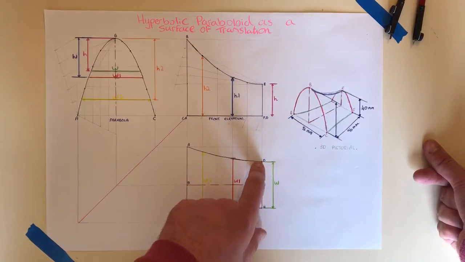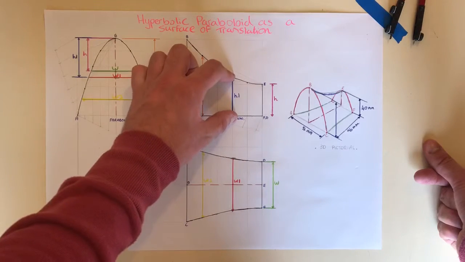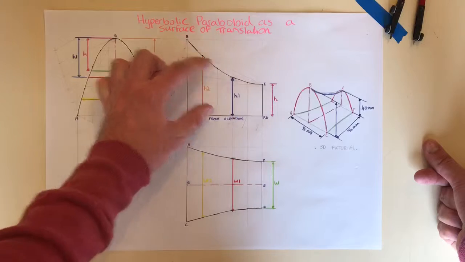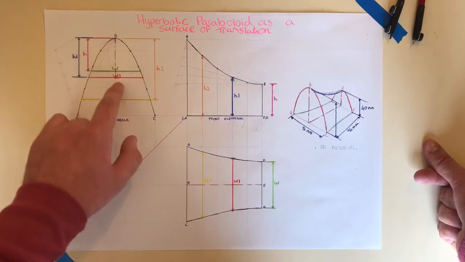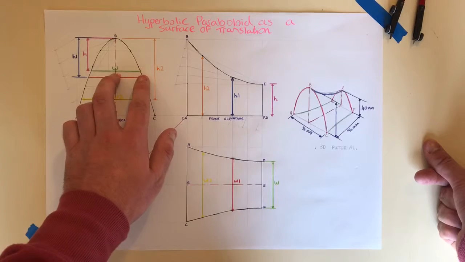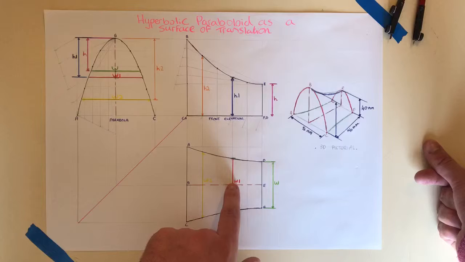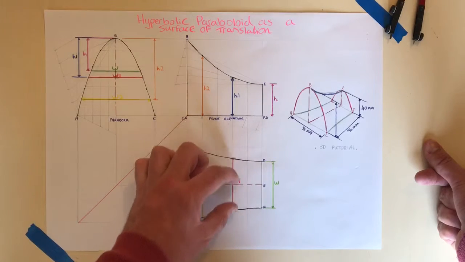The exact same thing applies to find other points. Looking at H1, that distance there, if we step that from our vertex B, bring it down here, that'll give us our red W1. So take half that directly underneath H1 in plan. So half W1 struck from the center line. That'll give us 2 more points.